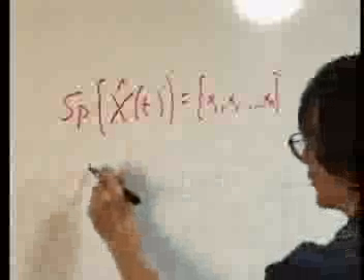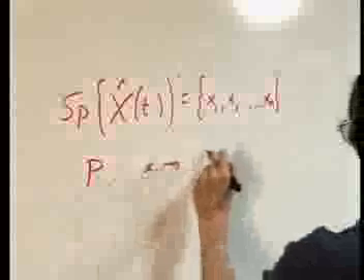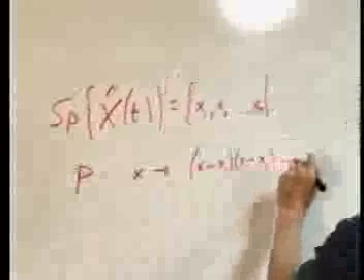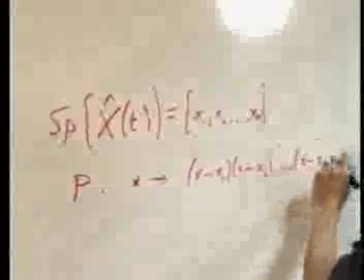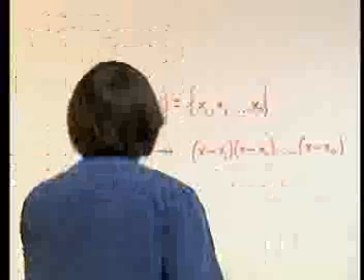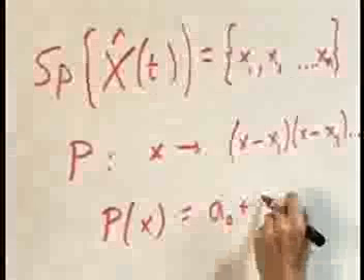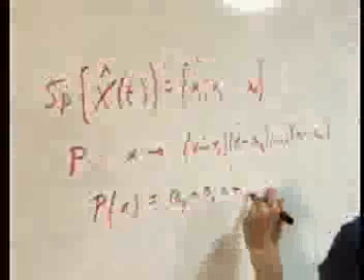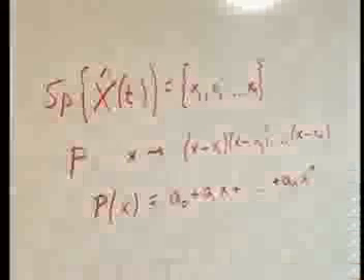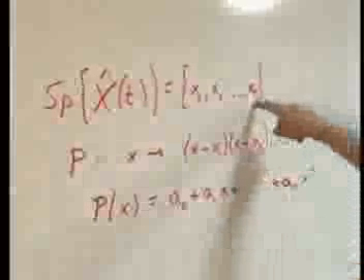Consider this function. P maps x to x minus x1 times x minus x2 times and so on up to x minus xn. This is a polynomial. It'll have an expansion like this: P of x equals a0 plus a1x plus and so on up to an x to the n. The degree n of the polynomial is the same as the number of elements in the spectrum of x.